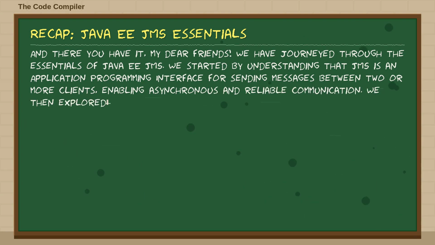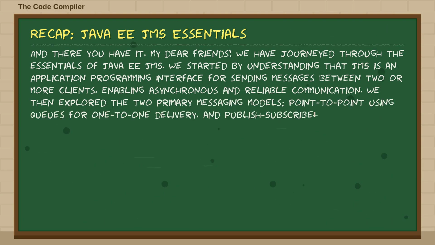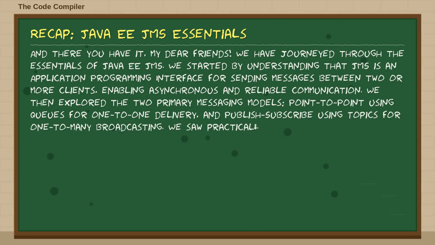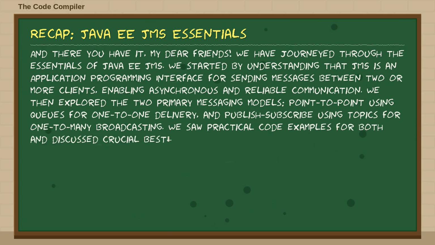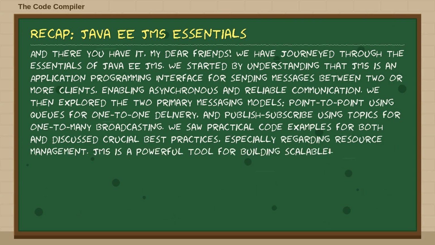We then explored the two primary messaging models, point-to-point using queues for one-to-one delivery, and publish-subscribe using topics for one-to-many broadcasting. We saw practical code examples for both and discussed crucial best practices, especially regarding resource management.